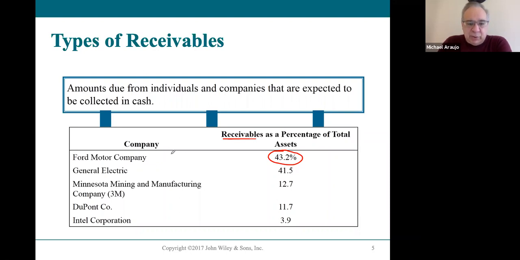They'll sell them to a distributor. Distributor's not paying cash for all of those vehicles. So Ford Motor Company has a lot of receivables. And that's why it's so high here, as a percentage of total assets. It's just the way that industry is structured. But as you see, depending on the type of company, they're less dependent on those types of things in terms of percentage of assets.